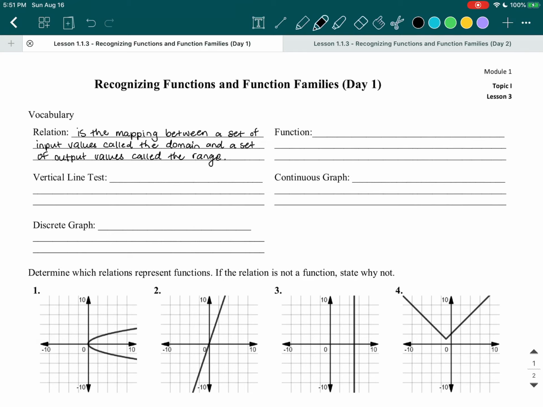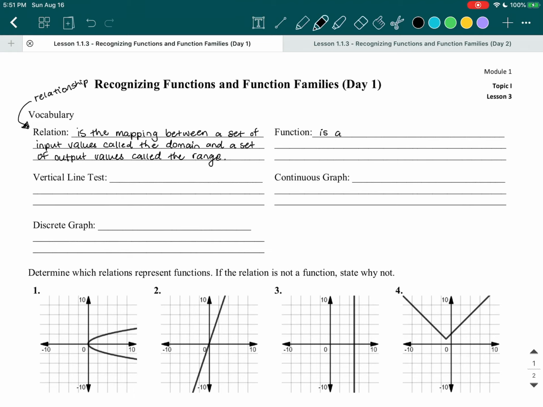Okay, so that's a lot of words to really just say that the relation is pretty much just a relationship between two things.